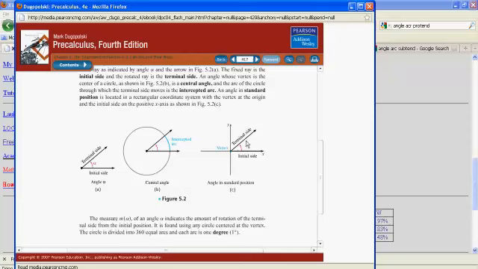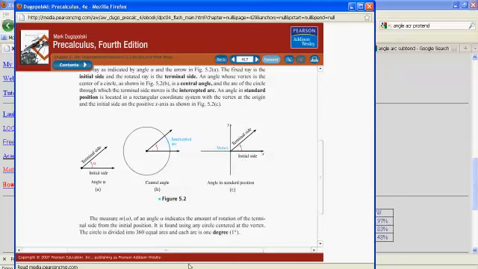Now, if the rotation is counterclockwise, then the radian measure is positive. If the rotation is clockwise, then the radian measure is negative.